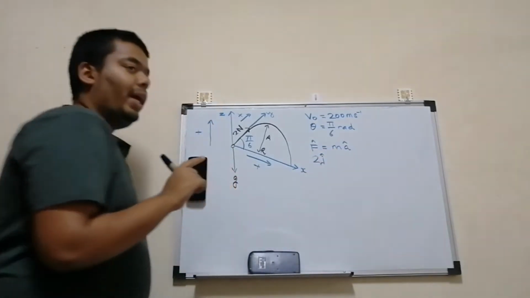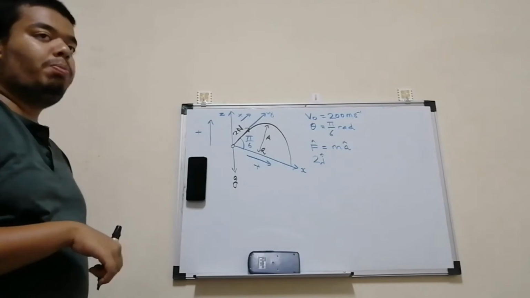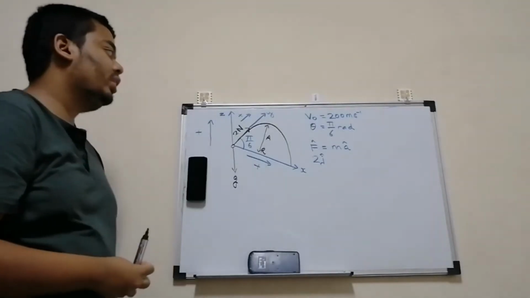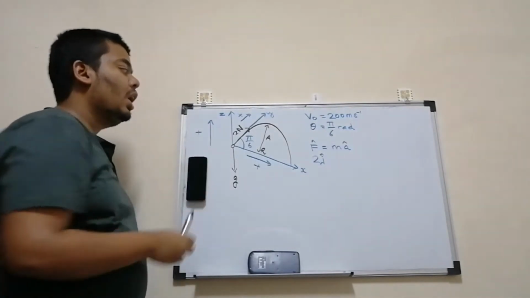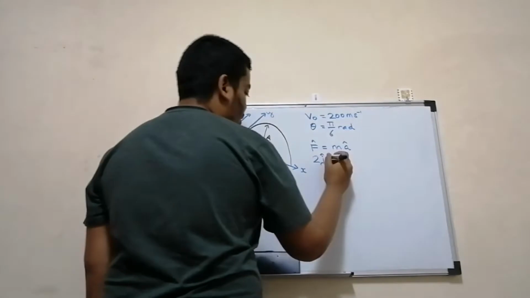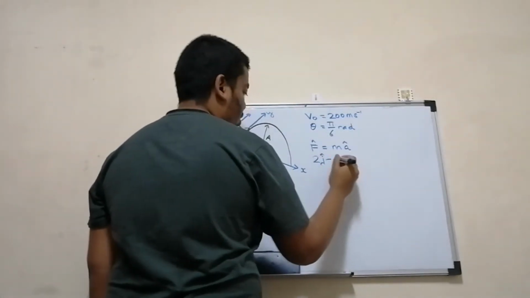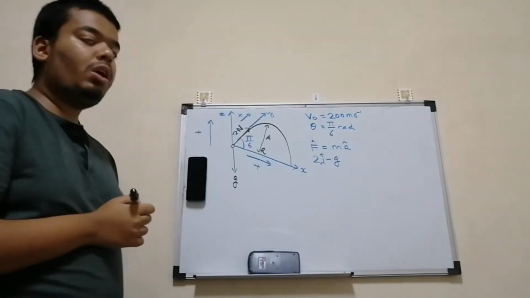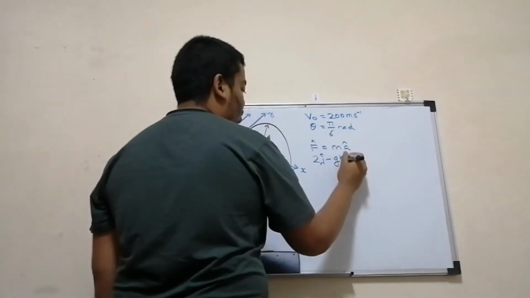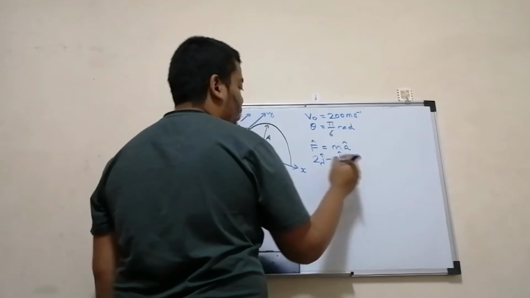In the j component, it's positive 2, so 2j. And then in the k component, it's negative g, because you see g is acting downwards, while we consider the positive direction to be upwards. So in the k component, it is negative g. As I told you before, F will be ma.